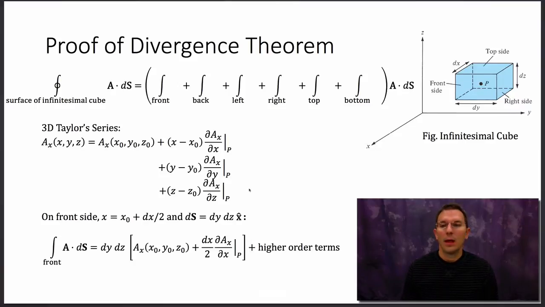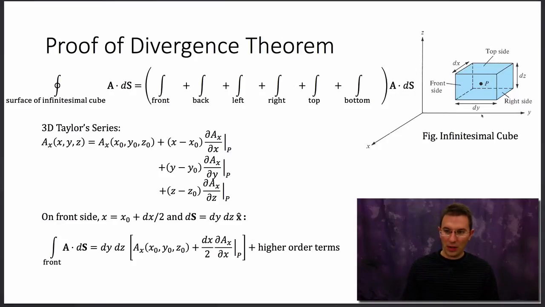Let's choose as our surface the surface of a cube of sides dx, dy, and dz. It's called an infinitesimal cube, an extremely small little cube.